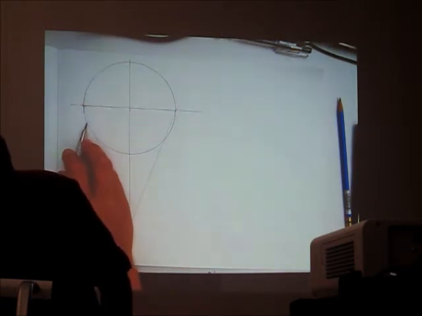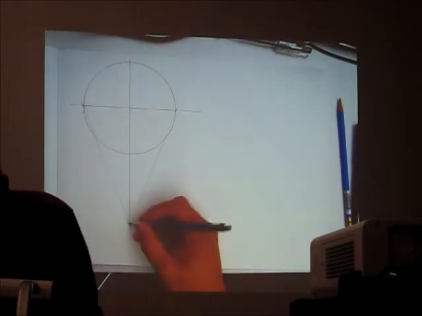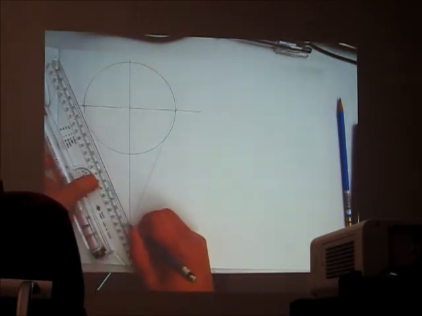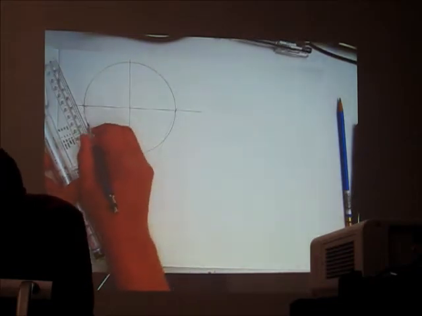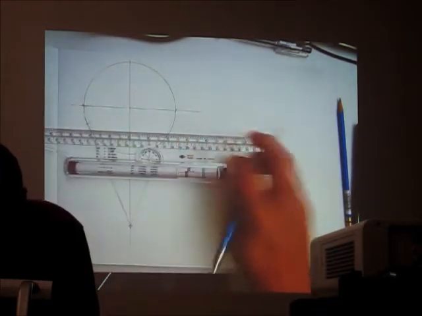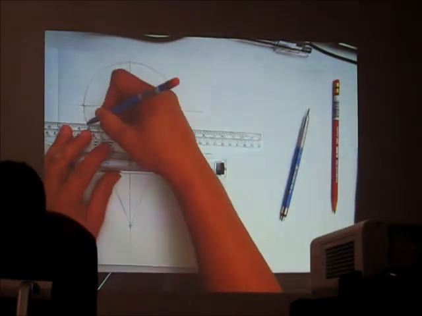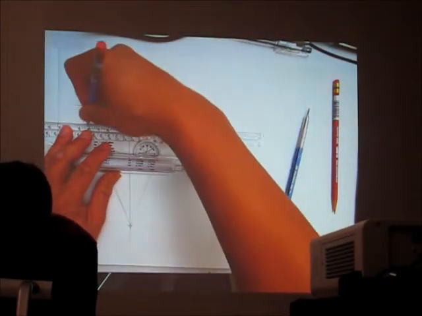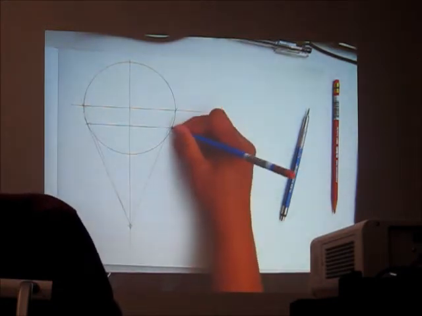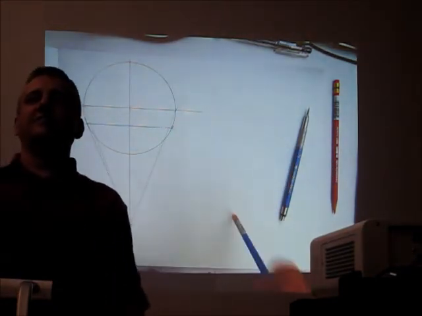So that's not the widest point of the ellipse. The widest point of the ellipse is here. That's the major axis.